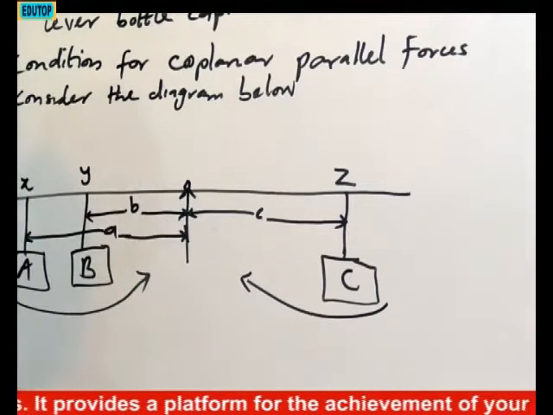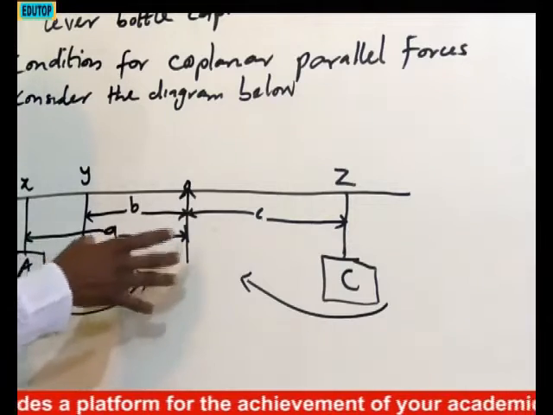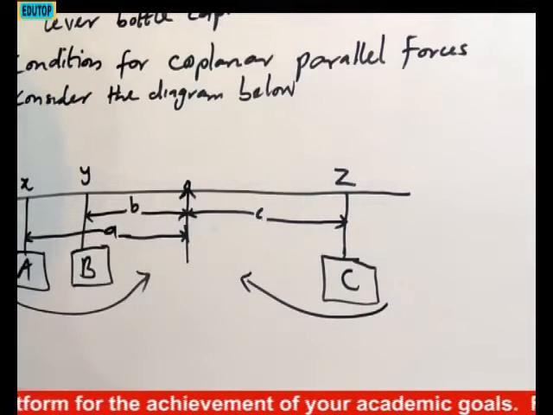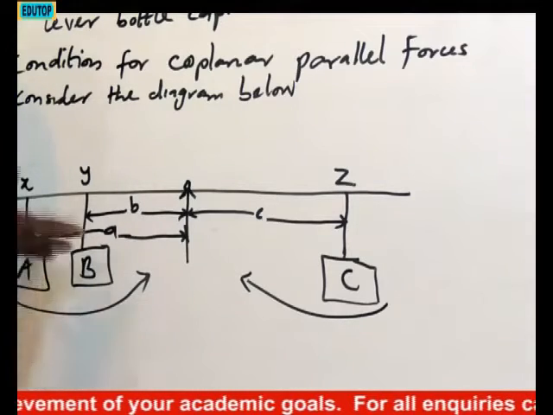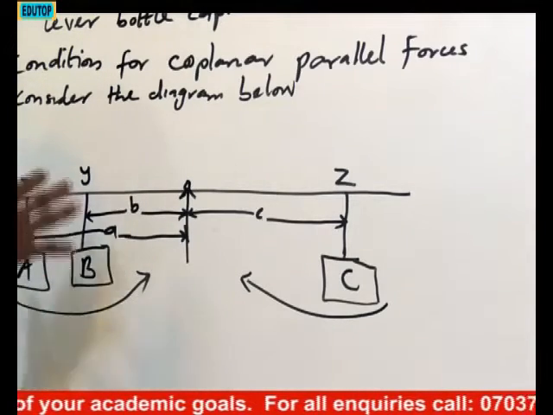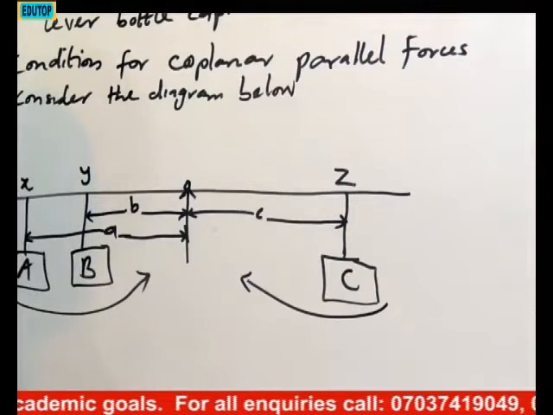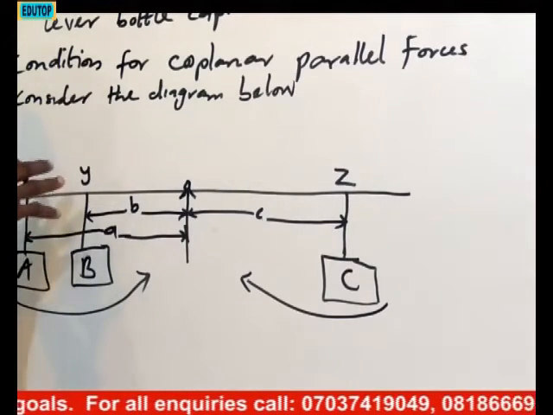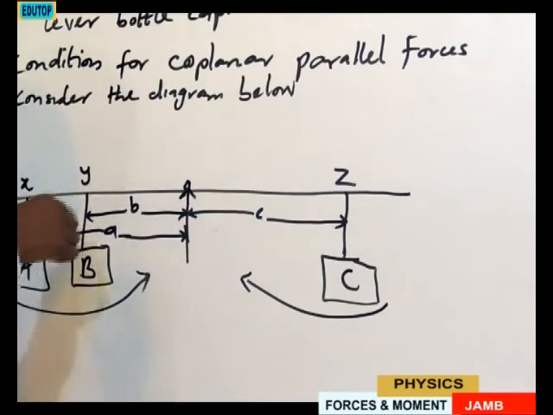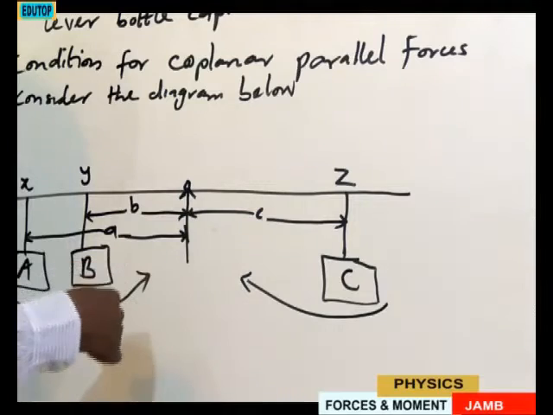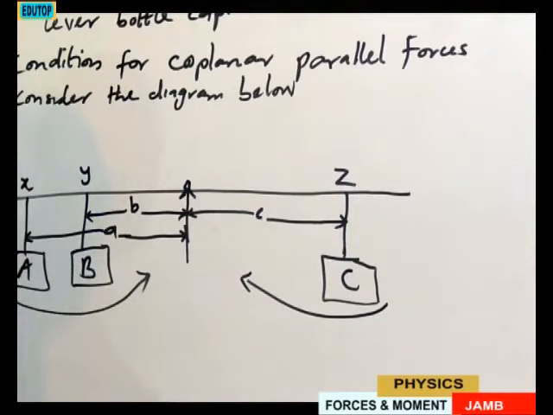So if we are to find the moments of this body, what we have to do is this. We have what we call the principle of moments. The principle of moments states that the clockwise moment will be equal to the anti-clockwise moment about a particular point.